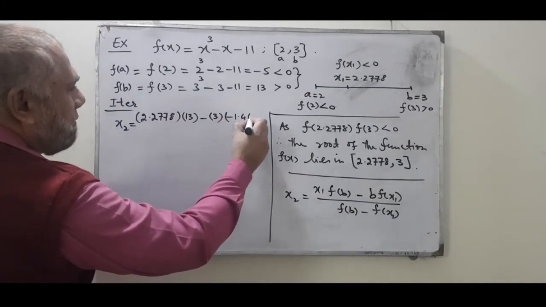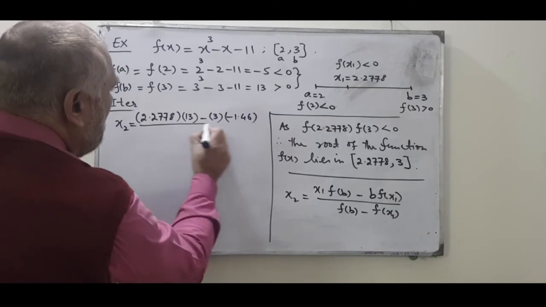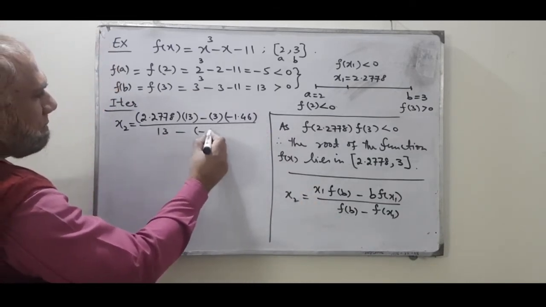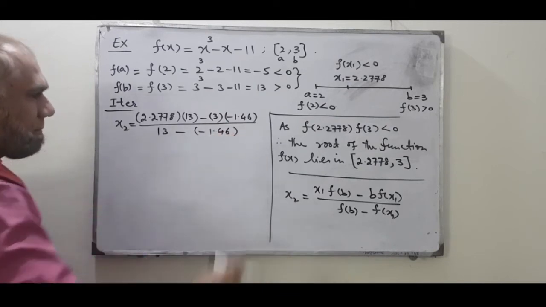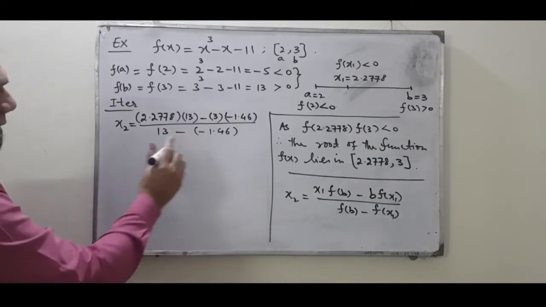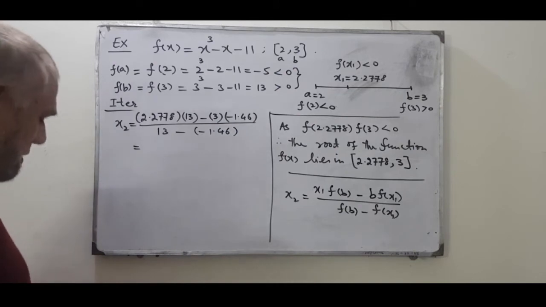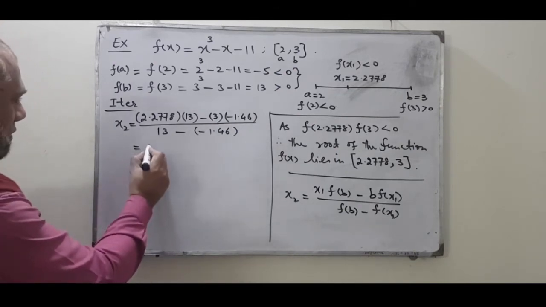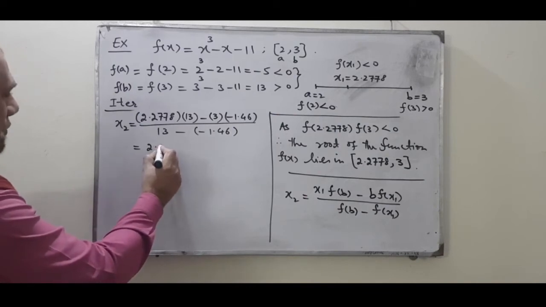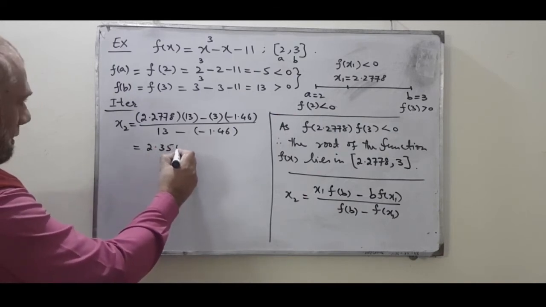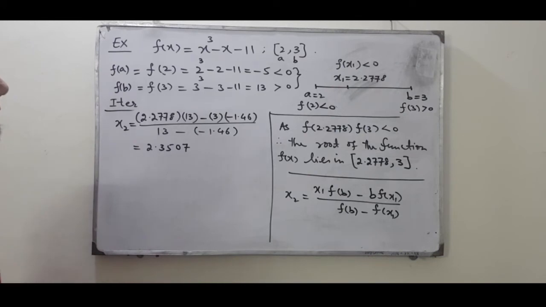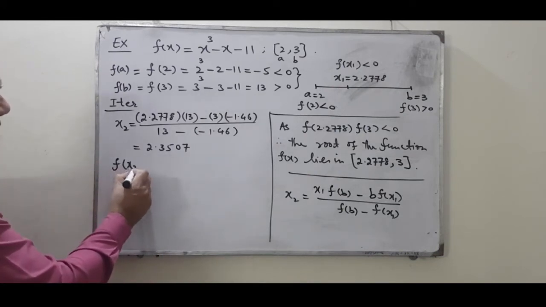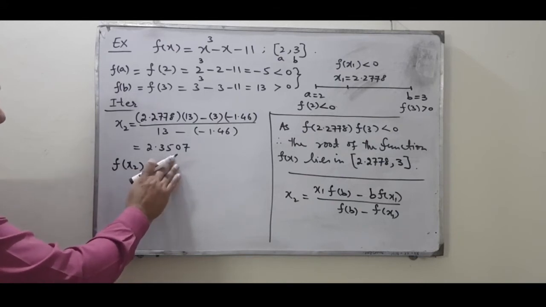In the denominator is the same f of b, which is 13 minus minus 1.46. Remaining you can use your calculators and simplify it, and you will be getting the value which is equal to 2.3507.